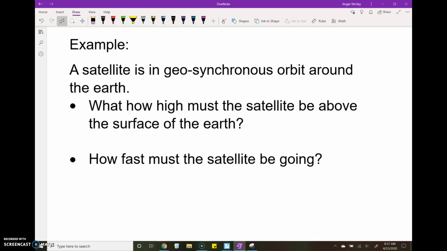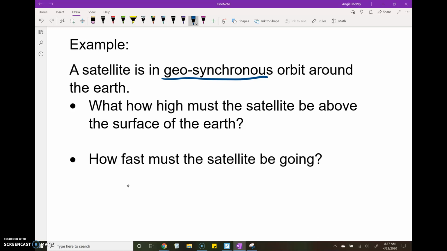I want to define a term here really quick. A satellite is in geosynchronous orbit around the Earth. Geosynchronous orbit means that that satellite is traveling in its orbit and it's staying above the same place on the Earth at all times during its orbit.